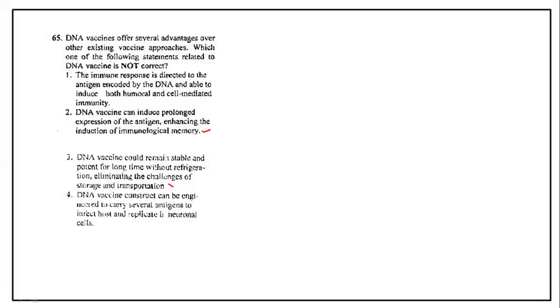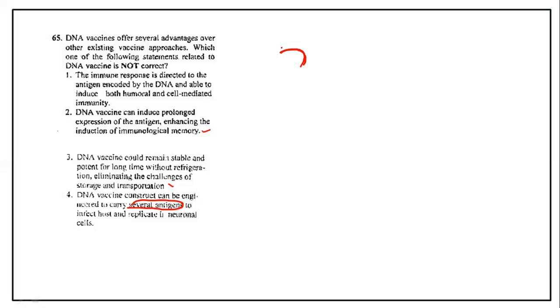And the DNA vaccine construct can be engineered to carry several antigens, to infect the host and replicate in neuronal cells. Now these are not possible. Several antigens cannot be possible, because if it is your gene of interest, only one antigen can be possible at one time.